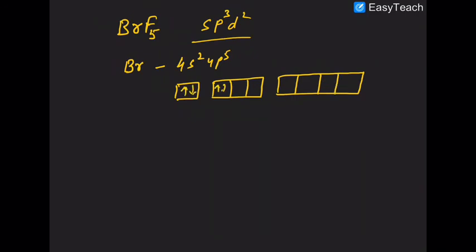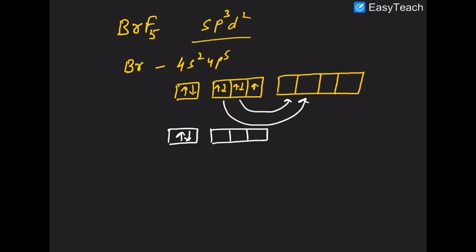So what happens in this case? Two electrons from the p orbital will be excited to these 2 orbitals. So you can see that one lone pair is there, and now you have 3 electrons in p and 2 unpaired electrons in d.